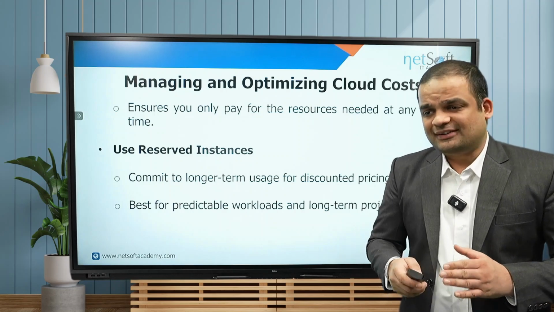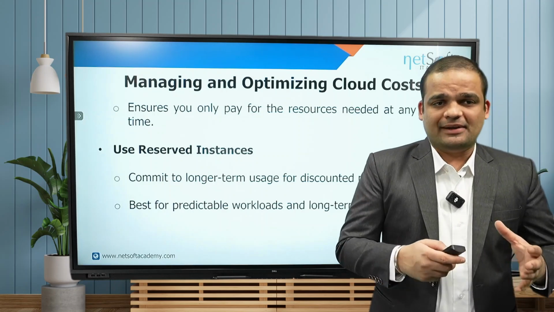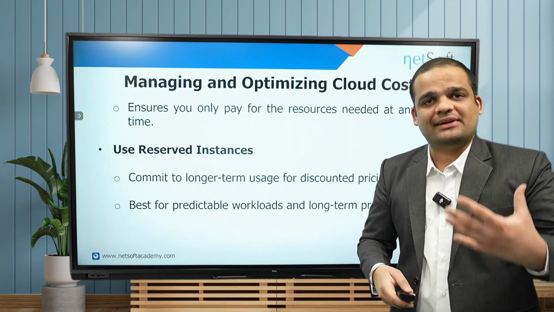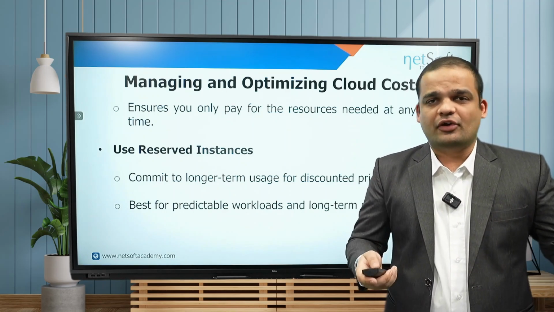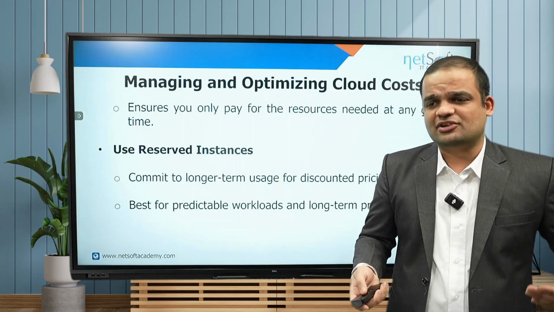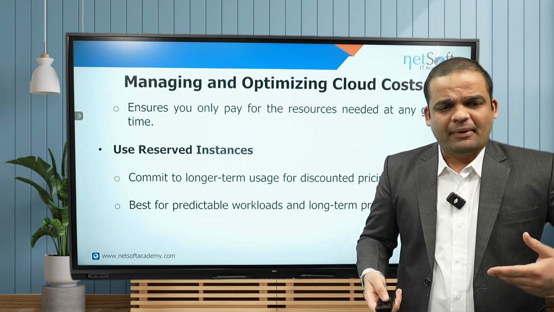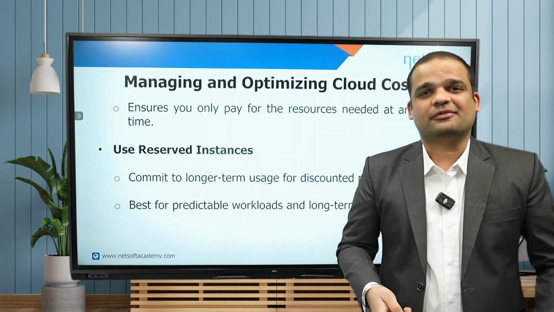But this database and enterprise application will be used in a very predictable way. The chances of certain spikes are very minimal. In that case, you can just commit for long-term usage, pay upfront, and have some discounts.